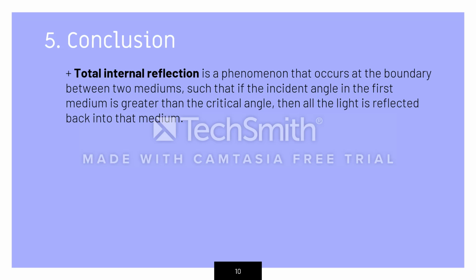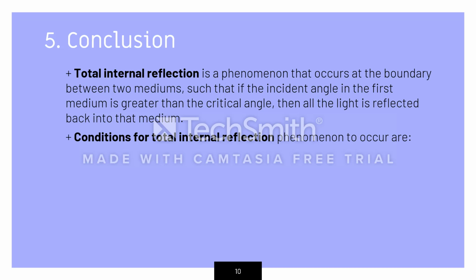Total internal reflection is the phenomenon that occurs at the boundary between two mediums, such as if the incident angle in the first medium is greater than the critical angle, then all of the light is reflected back into that medium. And the second thing we need to remember is the conditions for total internal reflection.